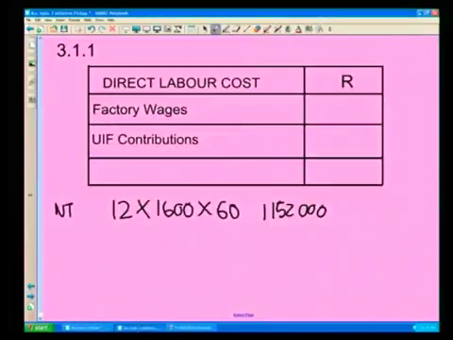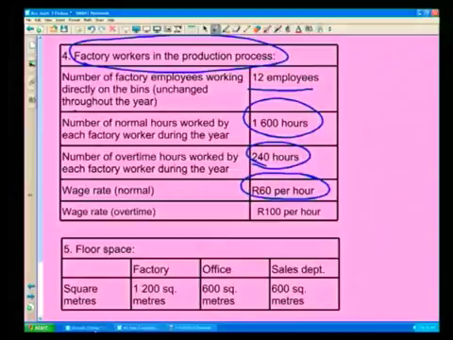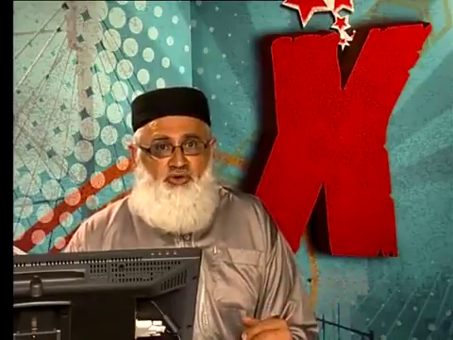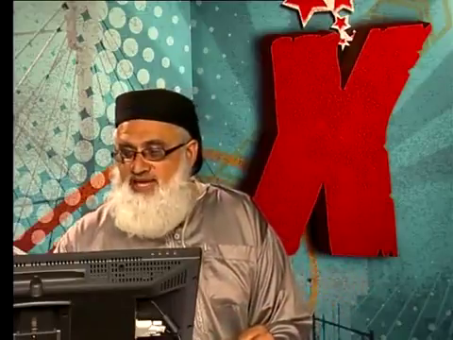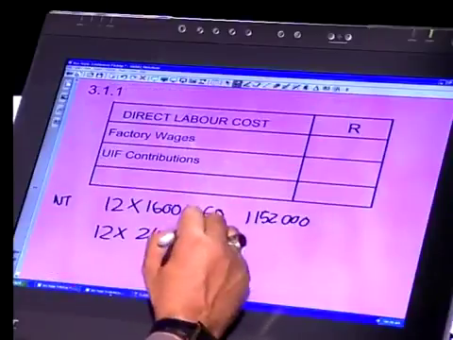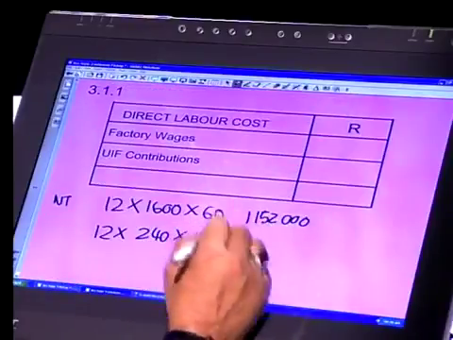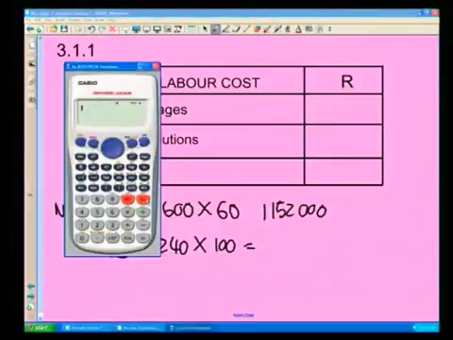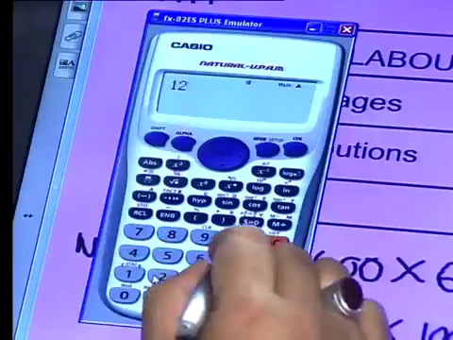But my employees also worked overtime, didn't they? Number of overtime hours worked, 240. We said 12 workers times 240 hours times the rate. Watch, the moment there's overtime, immediately you can see that the rate changes. Obviously, your employees will be paid more. In this case, 100 Rand per hour.